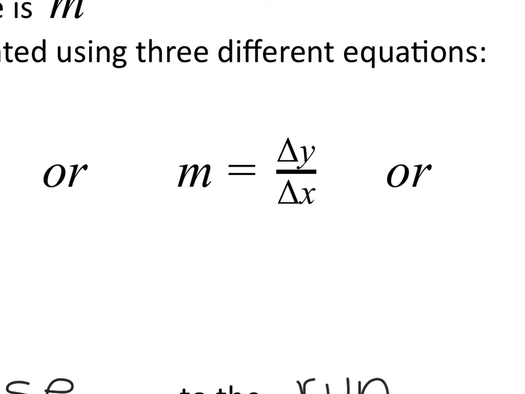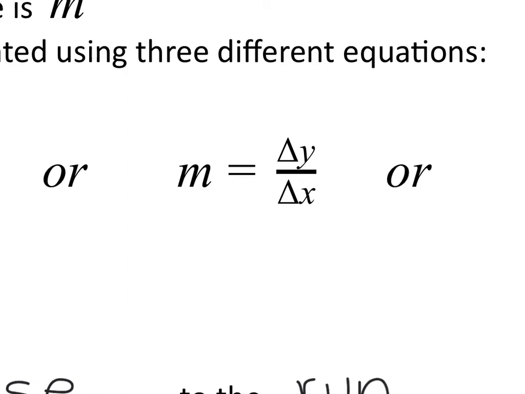Another way that you could calculate the slope is using this formula. m equals delta y divided by delta x. So the triangle symbol that you're seeing there is a Greek letter from the Greek alphabet, and it is called delta. Delta means the change.